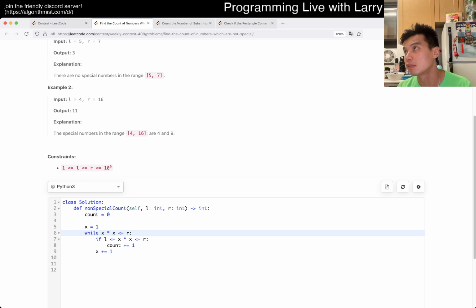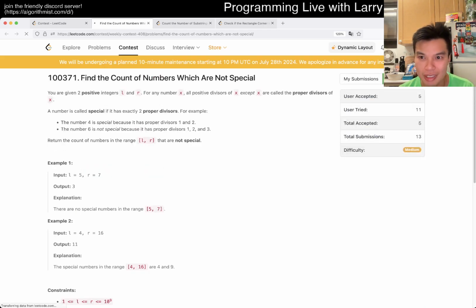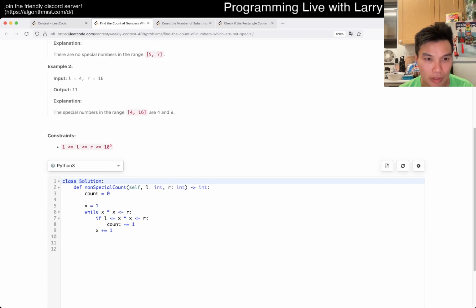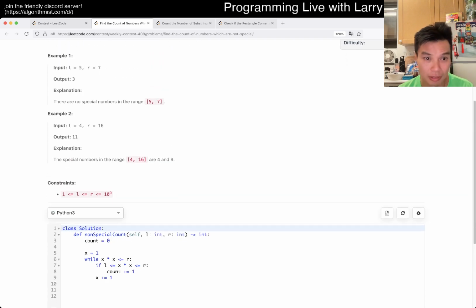Well, it's just primes, right? This is kind of a hard one for Q2 too. I should have just done sieve. Okay, fine.